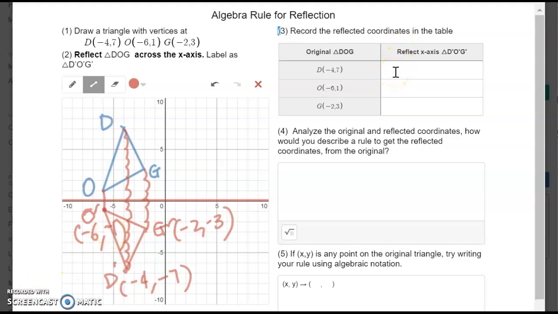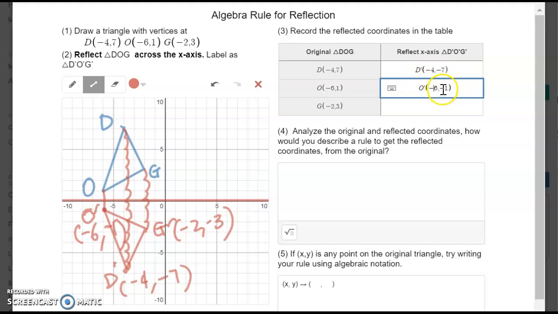D prime has the coordinate of (-4, -7), and O prime has the coordinate of (-6, -1). Oops, I lost the negative sign.